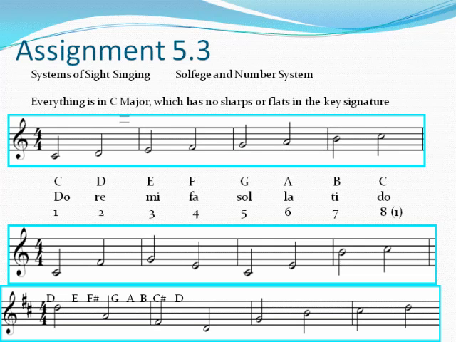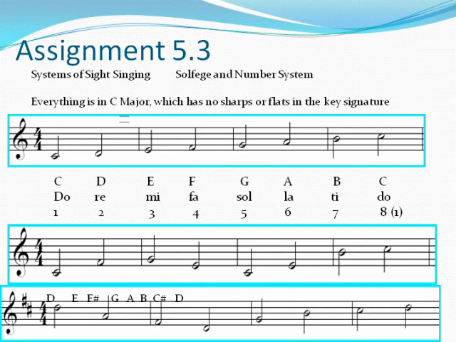I'm just going to go back here to the C major. If I'm trying to do this with numbers, C is 1. 1, 4, 5, 3, 1, 3, 7, 1.